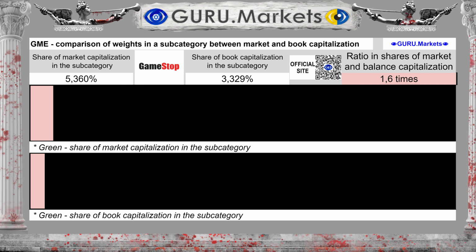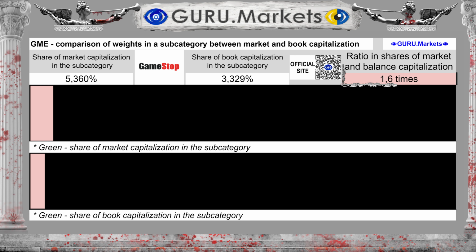Comparing the shares of market and balance capitalization, we see the following. The share of GameStop Corp. GME in the subcategory in case of stock market capitalization assessment is 5.36%. The balance sheet capitalization is 3.329%.